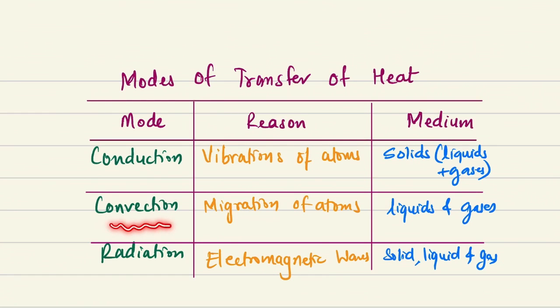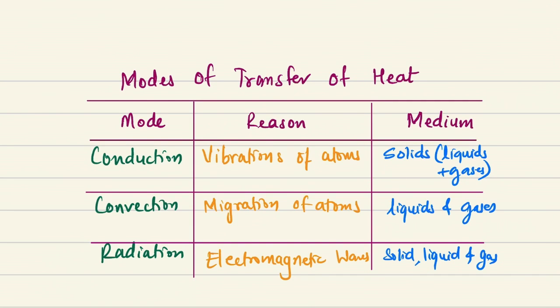In convection, what happens is it's the migration of atoms, that is, atoms and molecules move from one point to another point. This can only happen in liquids and gases, because as we all know, in liquids and gases the molecules are not at rest, they are continuously in random motion. In solids, it's not like that.